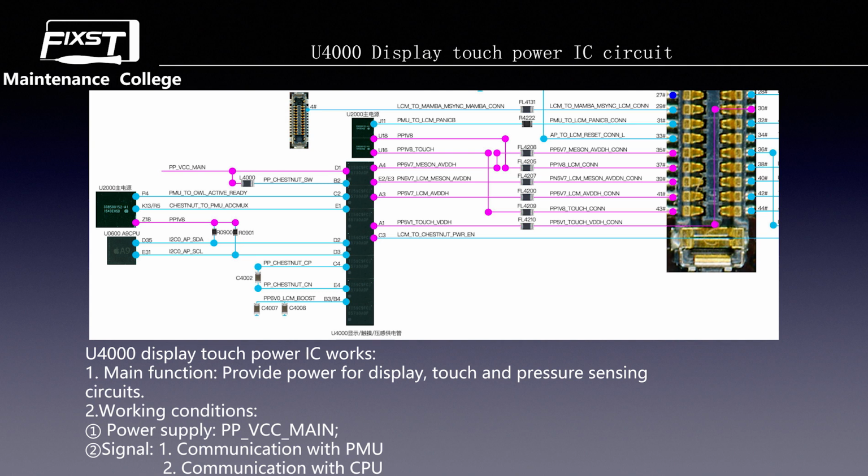So we know if the display wants to work normally, it needs the PMU and the U4000 display touch power IC. These two ICs need to work normally, right? And if the phone can power on, normally the PMU is working normally. So this time, we focus on the U4000 display touch power IC, how it works.